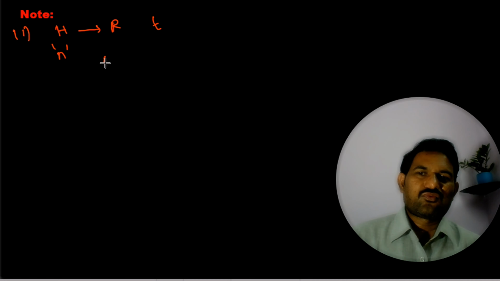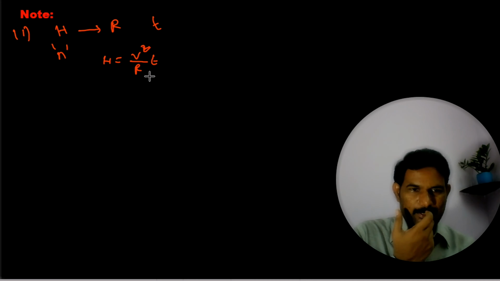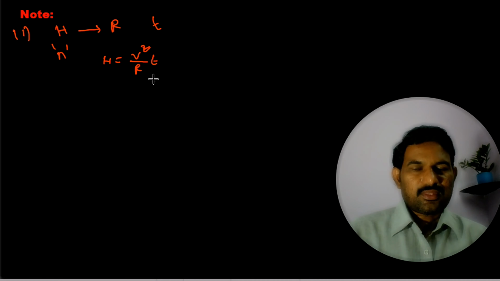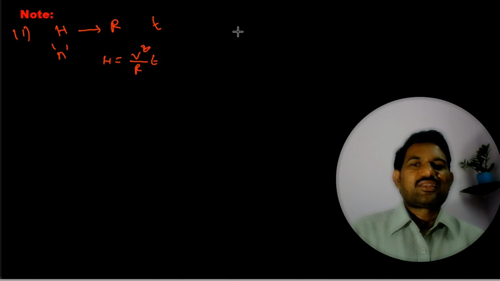For one resistor we can write the heat produced as V square by R into T, because the given condition is for the same source.